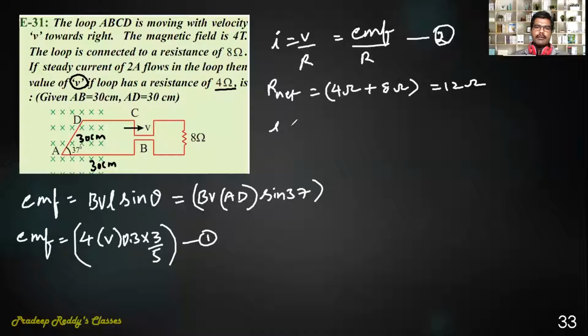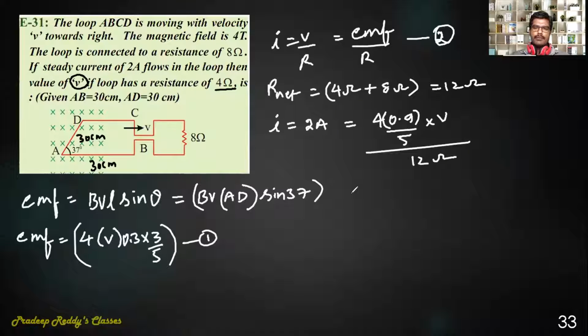So I is 2 ampere, which is equal to EMF induced, 4 into 0.3 into 3 by 5 into V, divided by the resistance of 12 ohm.